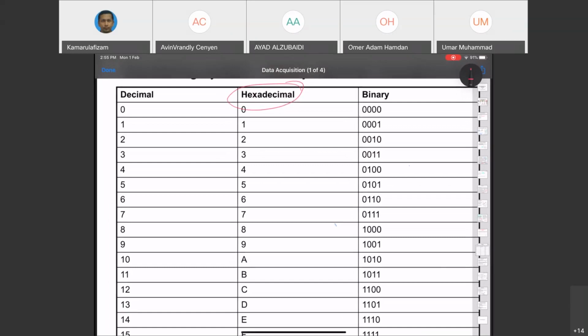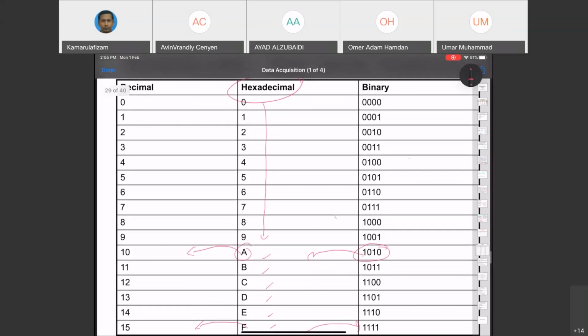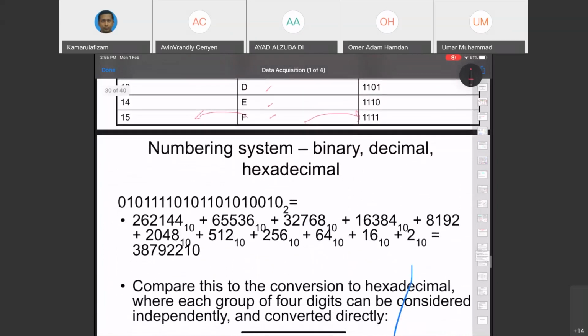Of course, in hexadecimal you have numbers until 9, then you start from A, B, C, D, E, F, which represents 15 in decimal and 1111 in binary, right? This is 4 digits of binary conversion to hexadecimal, and then from hexadecimal to decimal. This is some kind of table which you can find basically anywhere, you can always refer to. This is basically how the conversion works.